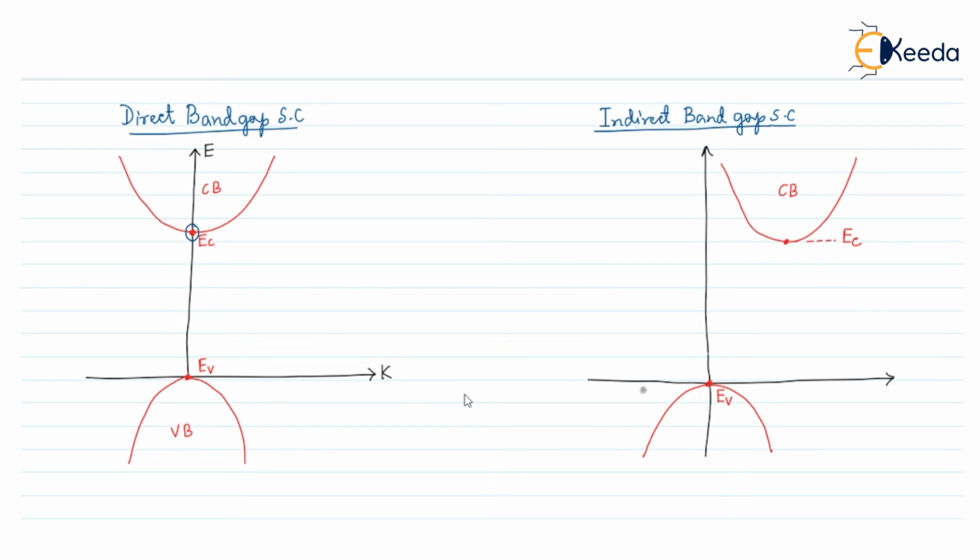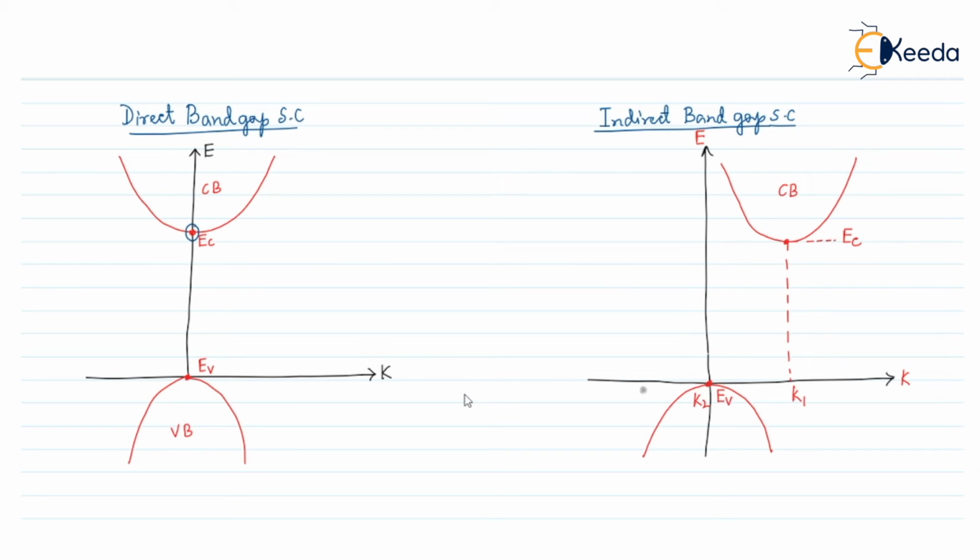We can see that EC occurs at some value of K, say K1, and EV occurs at another value of K, that is K2. That means EC and EV do not occur at the same value of K. They occur at different values of K. That's why it's called an indirect band gap semiconductor.